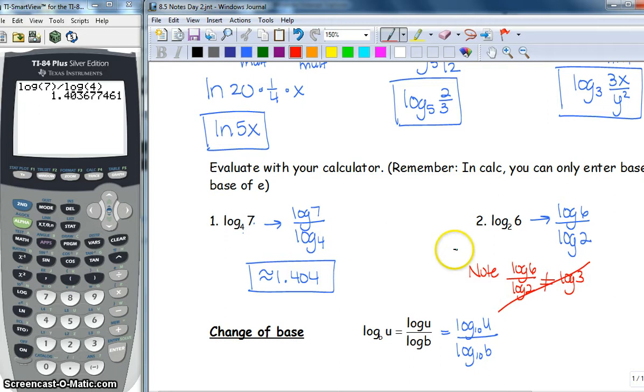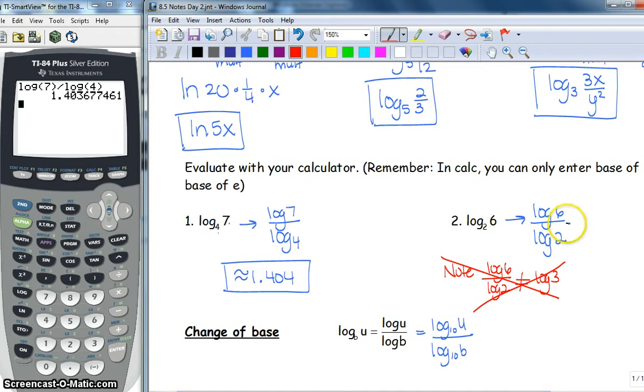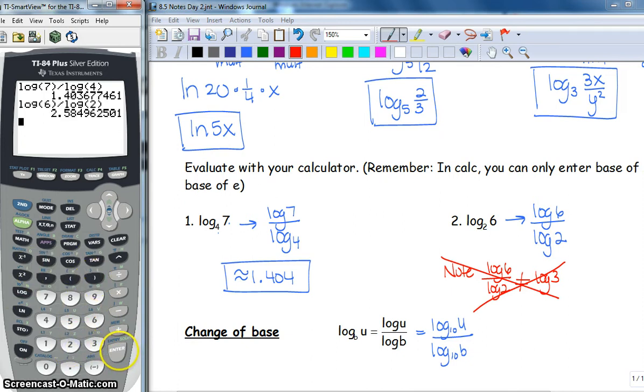This is not true, so do not do that. Just enter what you see into your calculator. So we've got log of 6 divided by log of 2. Hit enter, and we get that.